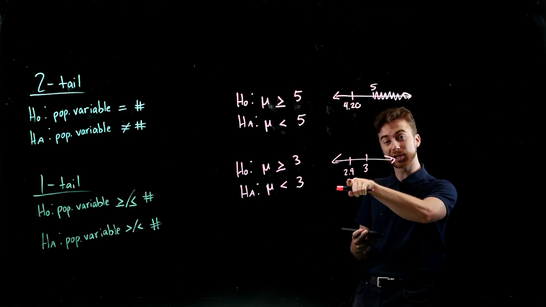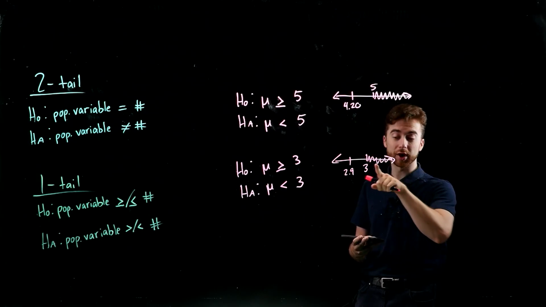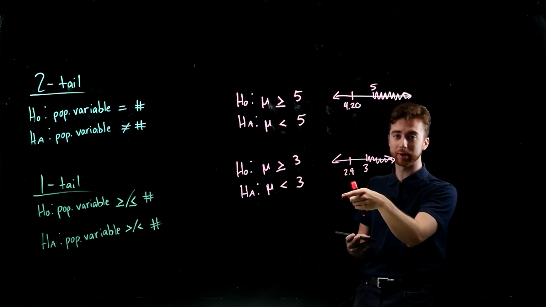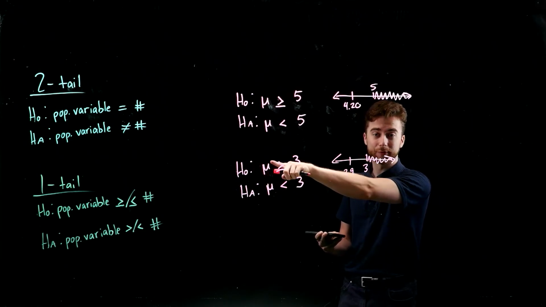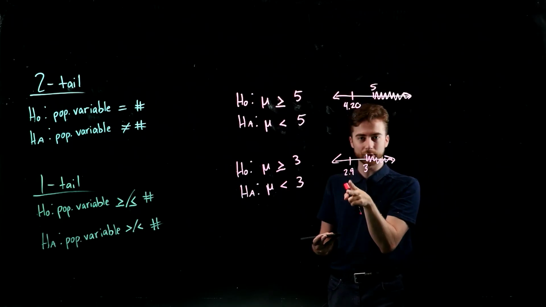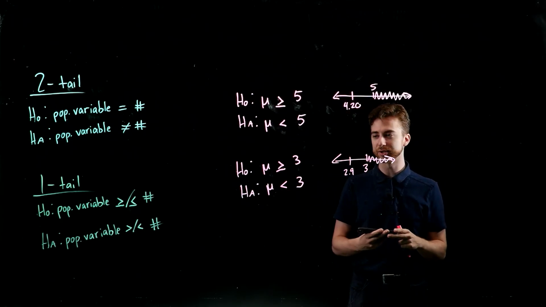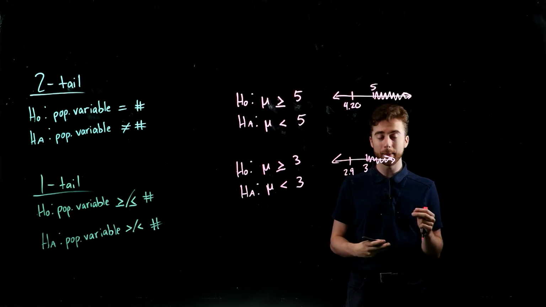If I want to exclude that sample mean, I would talk about the stuff that's greater than 3. If I talked about what was less than 3, it would include the sample mean, and that's not what we want to do. So this would be the greater than for the null hypothesis, and then the alternative hypothesis will be the less than, just because you can flip it around or do it by the logic that I first instructed.